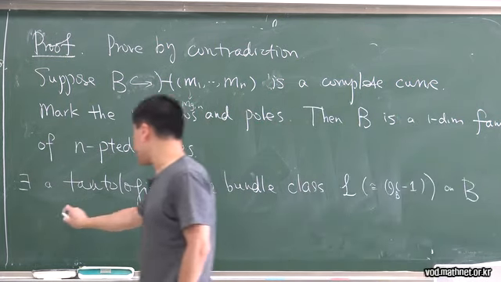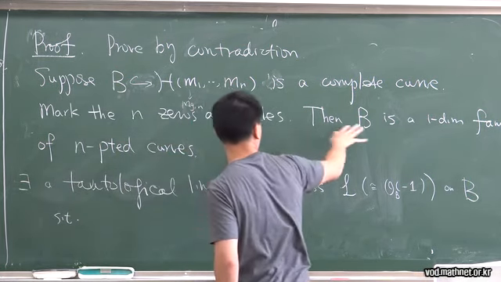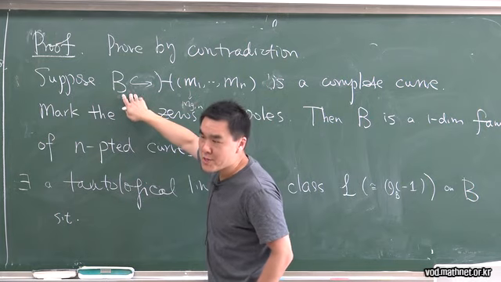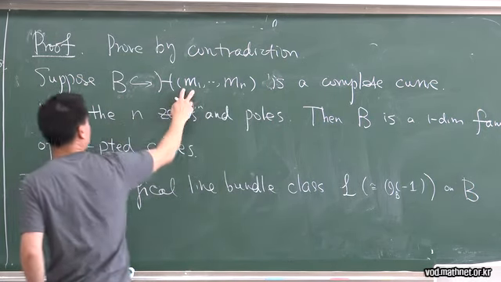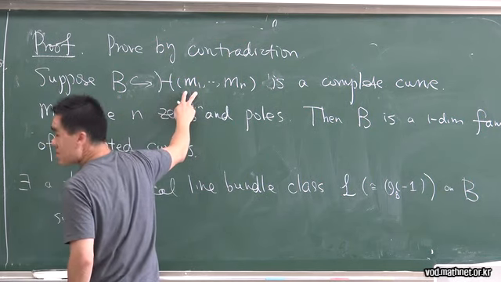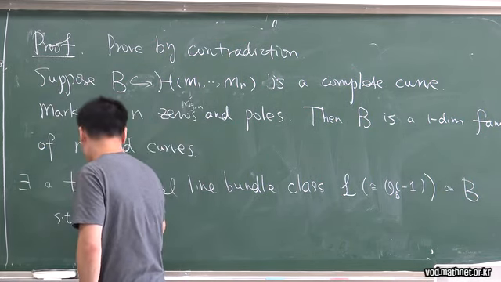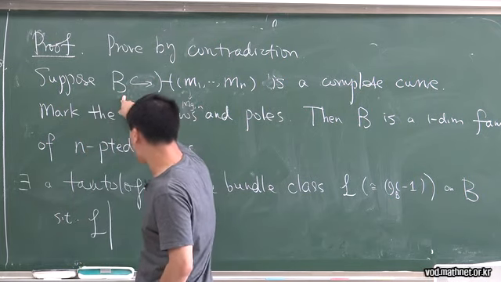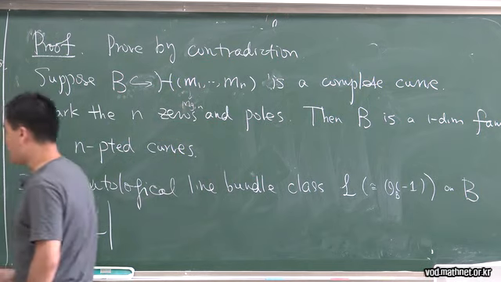So B is not only a family of curves, it actually is a family of differentials, right? Each fiber has a differential. So the line bundle L restricted to every point, for a point in B, I have to write it not only as X marked with Pi, I also have a differential.